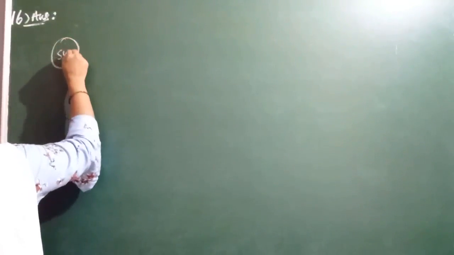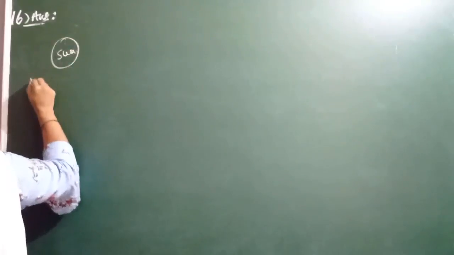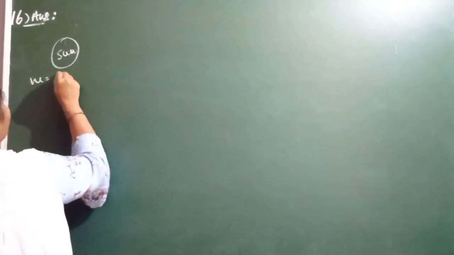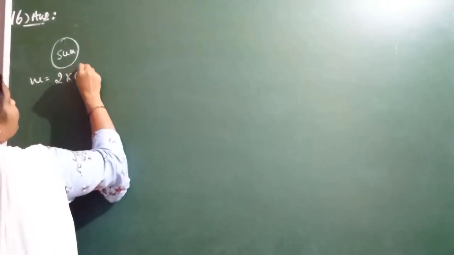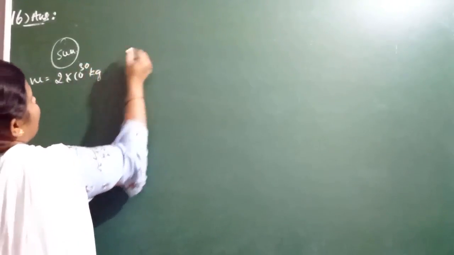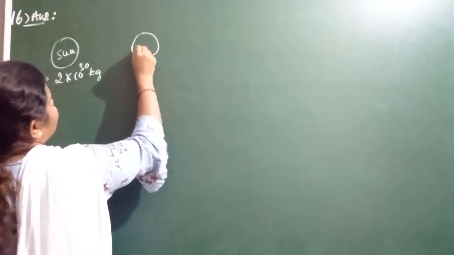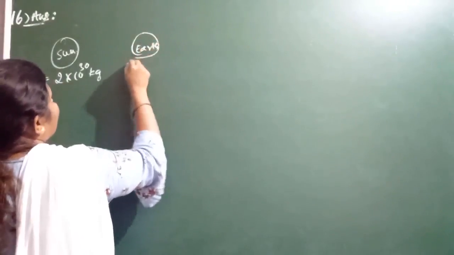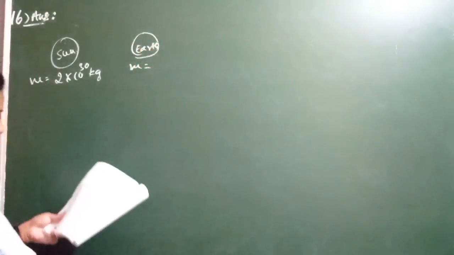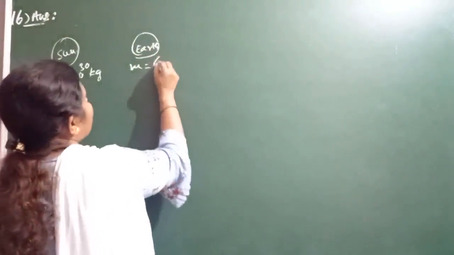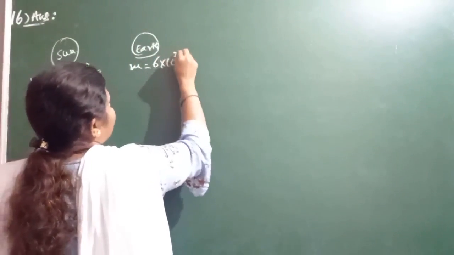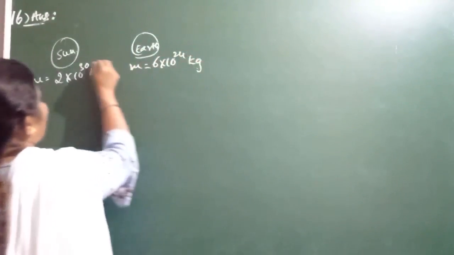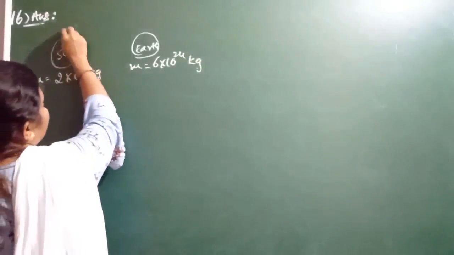That is, let us consider this is the sun. So its mass is how much? The sun's mass is 2 into 10 to the power of 30 kg and that of the earth, its mass is 6 into 10 to the power of 24 kg, and the average distance between these two, isn't it, children?